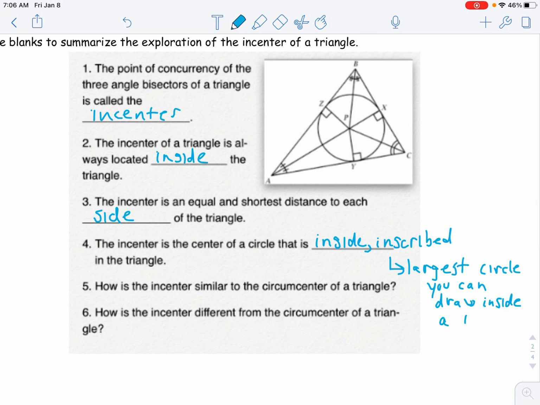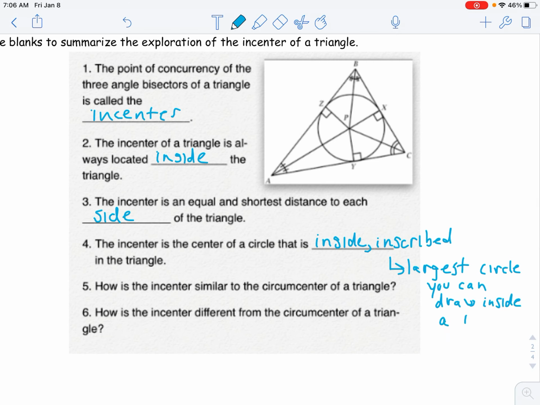So if you need to draw a circle inside of a triangle, the inscribed circle, the incircle, is the largest one you could draw. I mean, you could draw a circle anywhere, but if you want to maximize the space, you need to draw the incircle. And then 5 and 6 are really good questions.